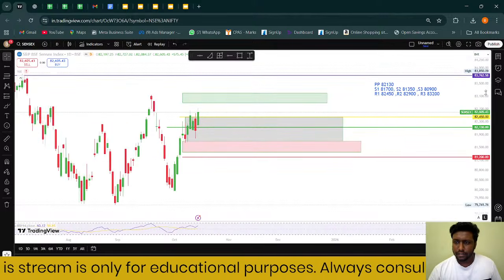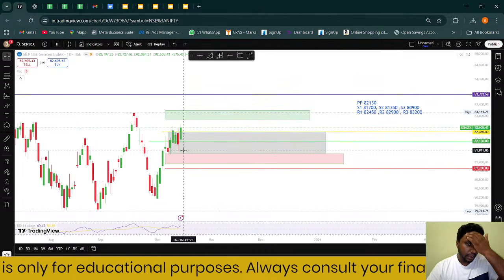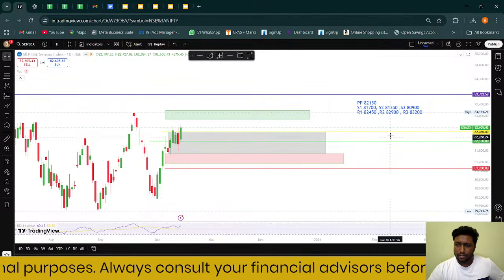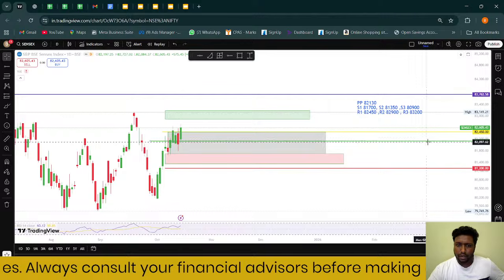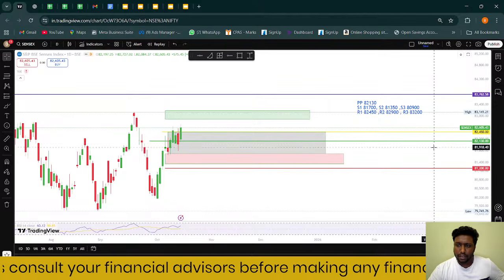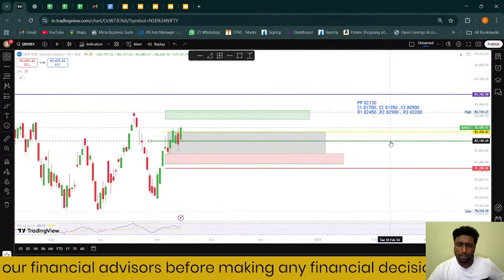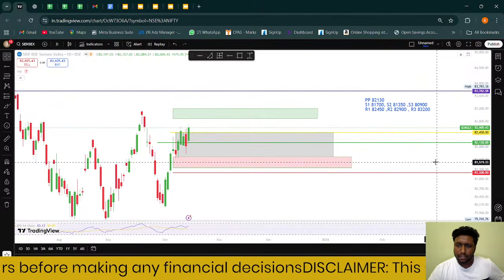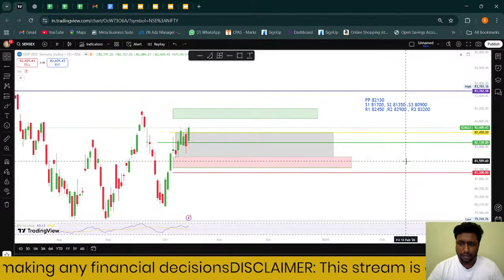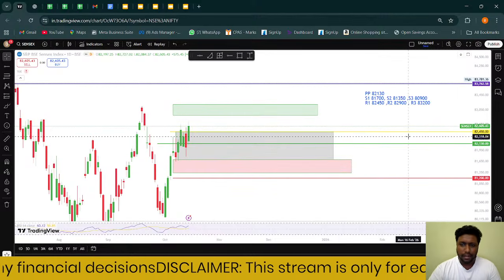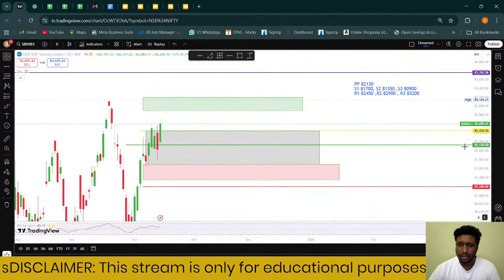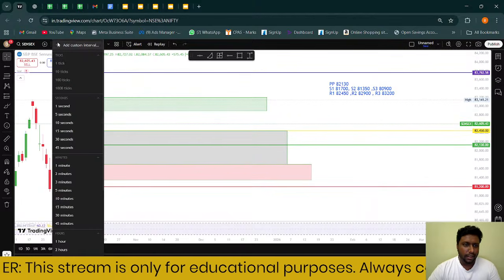So this is the Sensex level for yesterday. Here also we had a hit at our R1, which was 82,400, from the level 82,130, which was our pivot point for yesterday. Usually Sensex mirrors Nifty 50, but yesterday we had a little bit of a difference in Sensex. You can see that here.